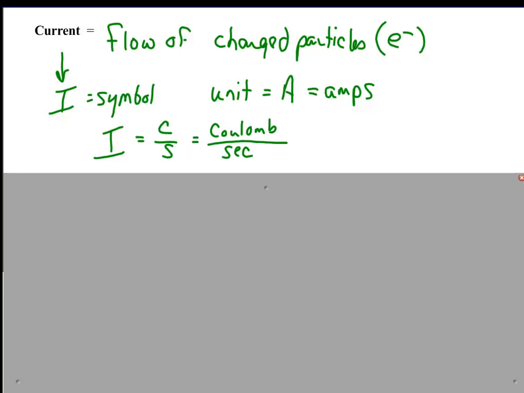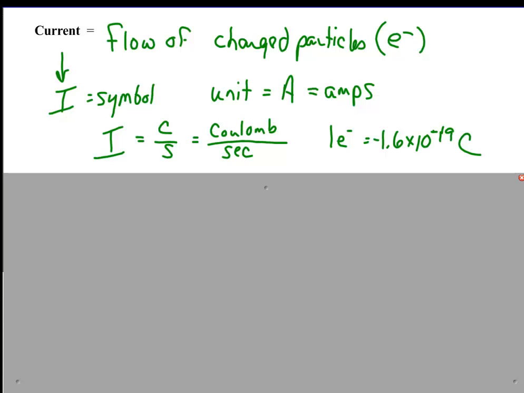We saw earlier that a coulomb is a unit of charge. And the charge on one electron is negative 1.6 times 10 to the negative 19 coulombs.